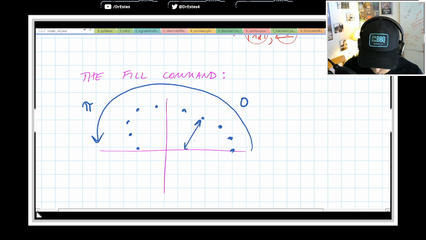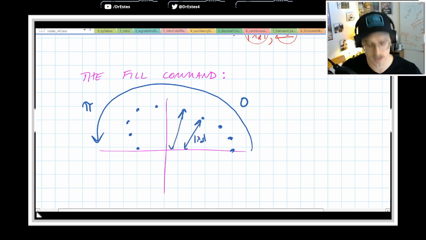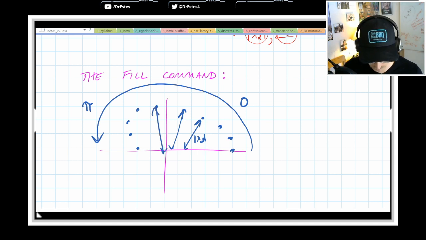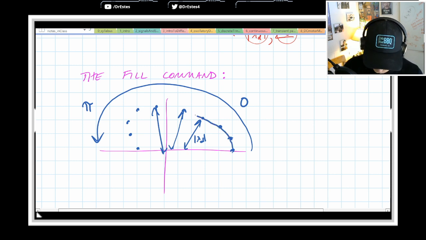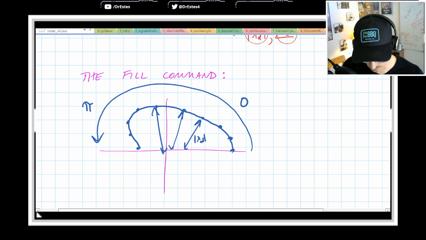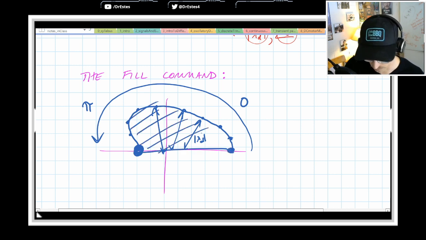Each of them has a unique magnitude. The magnitude is changing with the phase. That's why we have something other than a circle. And so the fill command connects all of the dots like this. Then the very last dot that you provide, which is this one over here at pi, it connects to the first one. And then it fills in that closed shape.